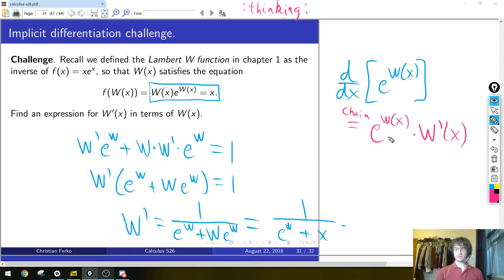But I thought you said the derivative of e to the x is e to the x, so why is this e to the w of x instead of e to the x? I mean, you're right, I just want to make sure you know why you're right. Why is it e to the w of x?